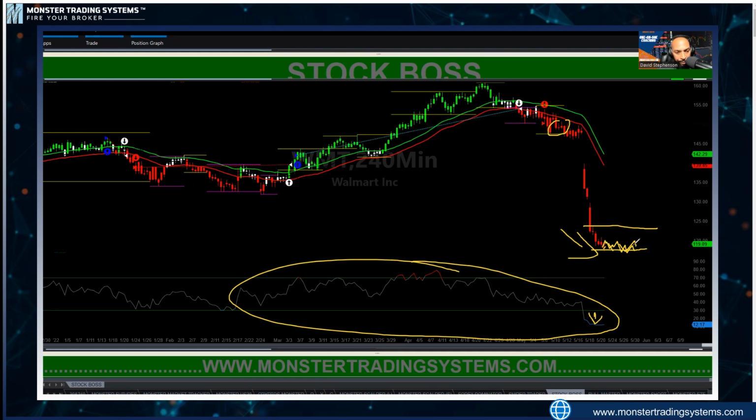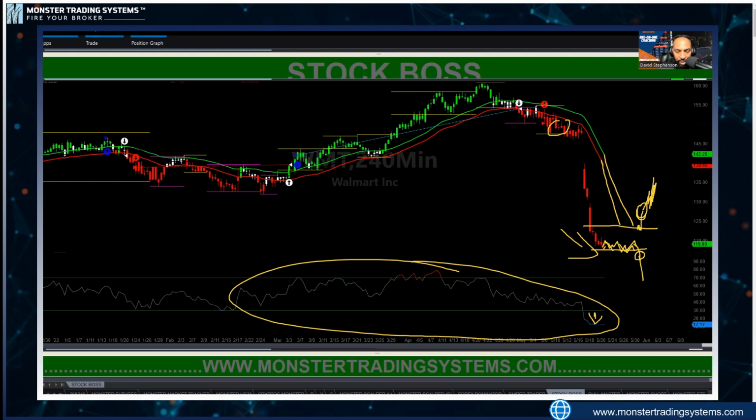Now, if it breaks this support, guess what? We've got redistribution. If it challenges that resistance and breaks resistance, this moving average will come down. Breaks resistance right here, we could see the price move higher. It will not automatically move higher.